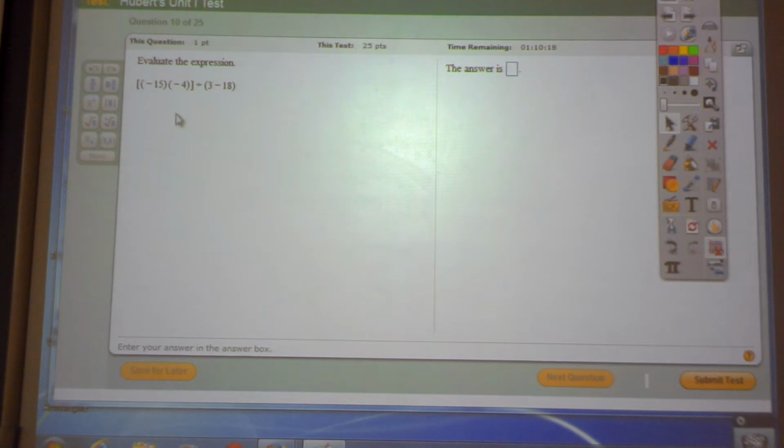What's negative 15 times negative 4? Positive 60, Hubert, that's right. And 3 minus 18 is negative 15. So what is 60 divided by negative 15? Well, it's going to be negative. Why?